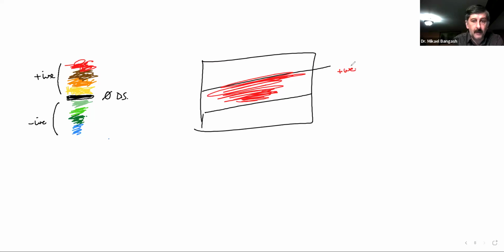There was a positive Doppler shift. Right? Now, since we see red, there may be a number up here. Let's say it's 40 centimeters per second.